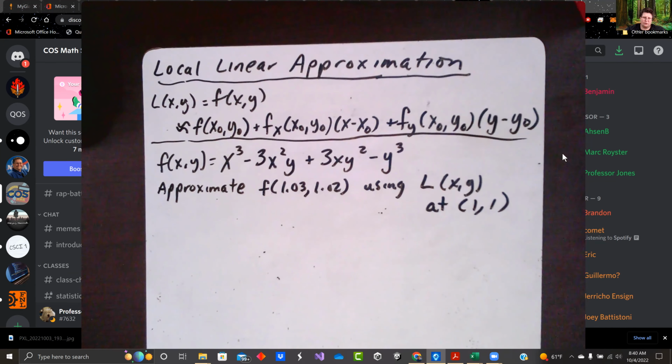Approximations in general don't have this x minus x naught and y minus y naught. Typically it has delta, a change in x and change in y, or dx and dy. When we get to 13.7, after you've learned the gradients in 13.6, we'll see how we can approximate the normal vector on a plane using local linear approximation, using gradients. Good stuff.